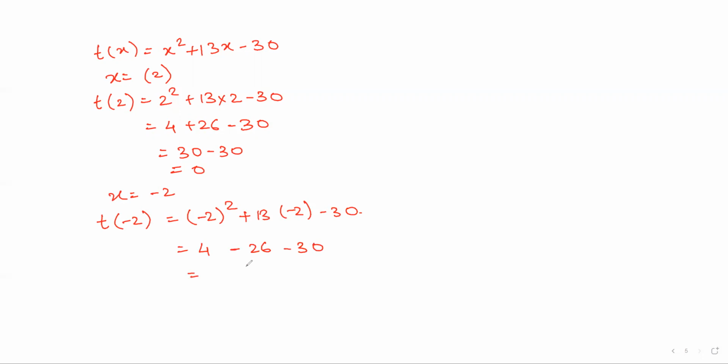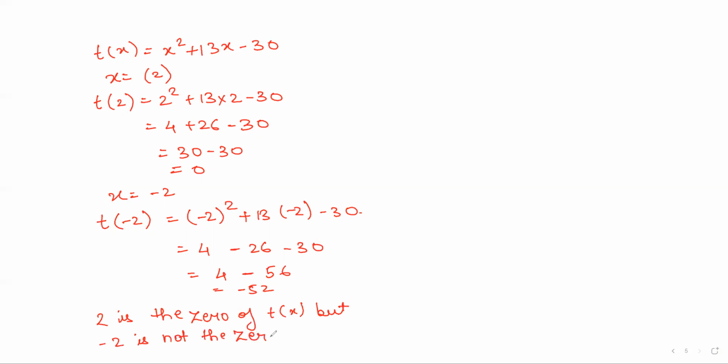This is equal to 4 minus 56, which is minus 52. We can see that 2 is the zero of t of x, but minus 2 is not the zero of t of x.